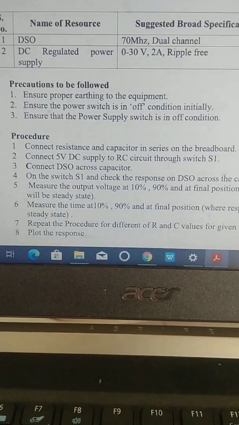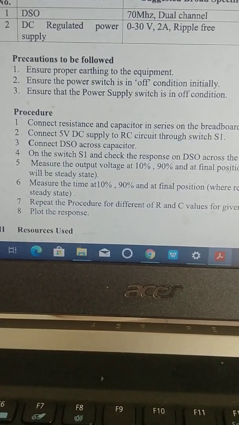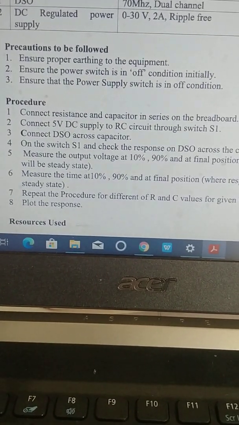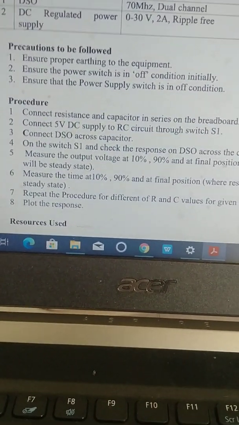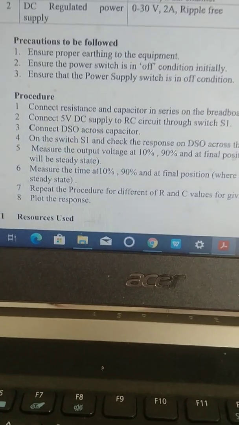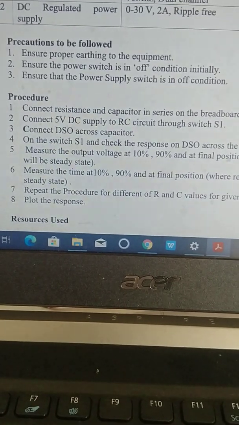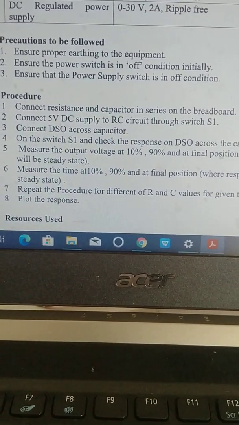So while performing the experiment, we have to follow the procedure. In the first step, connect resistor and capacitor in series on breadboard.